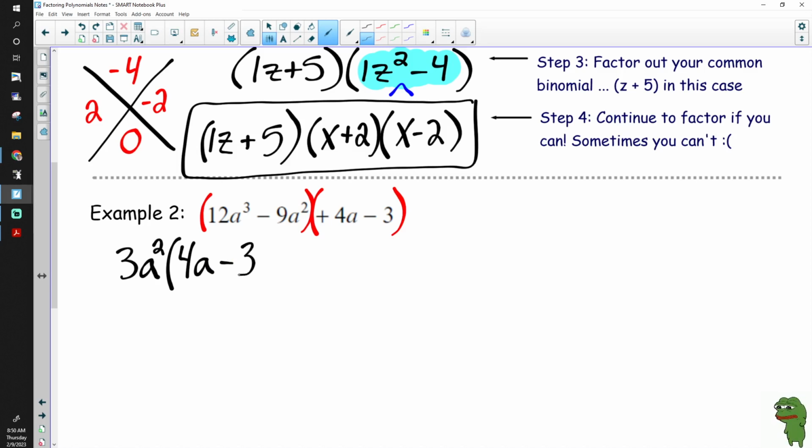I had an a squared, and I took away a to the second, so now I have no more a's left over. And look already. You see how they're starting to match? Okay, so if we look at our second group of two terms, 4a minus 3, what's the only thing you can divide them both by? 1. So let's put the positive 1 out front.